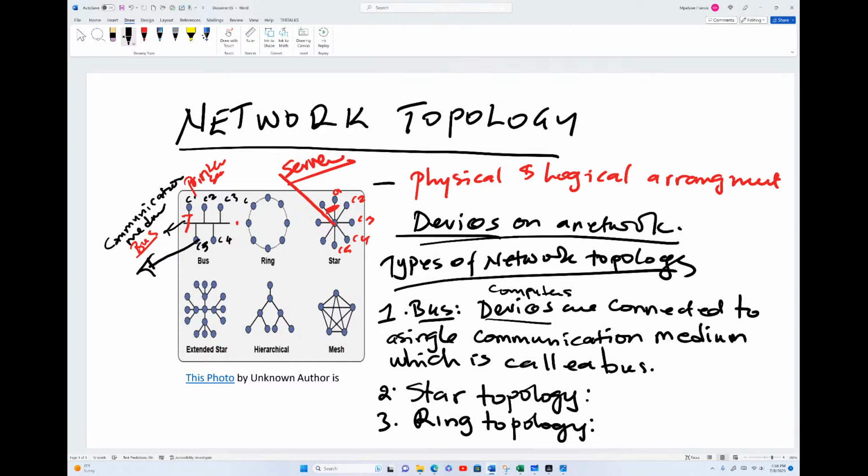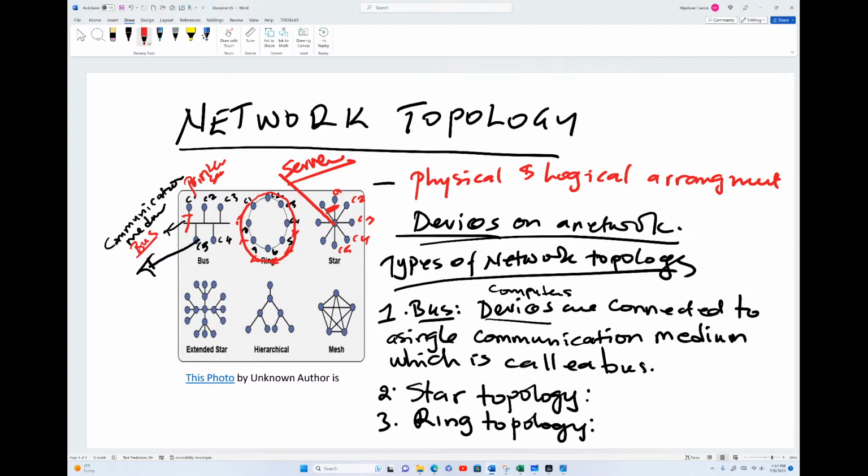These are say computer 1, computer 2, computer 3, computer 4, 5, 6, 7, 8, and 9. In this type of network, data signals will move either clockwise or anti-clockwise. If you decide to move clockwise, then you have data moving like this, like that. So data signals are moving from one computer to another.